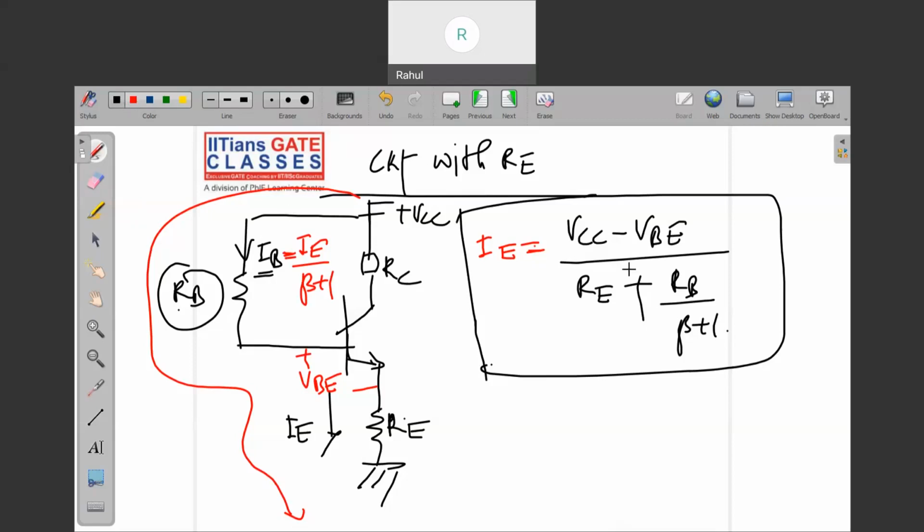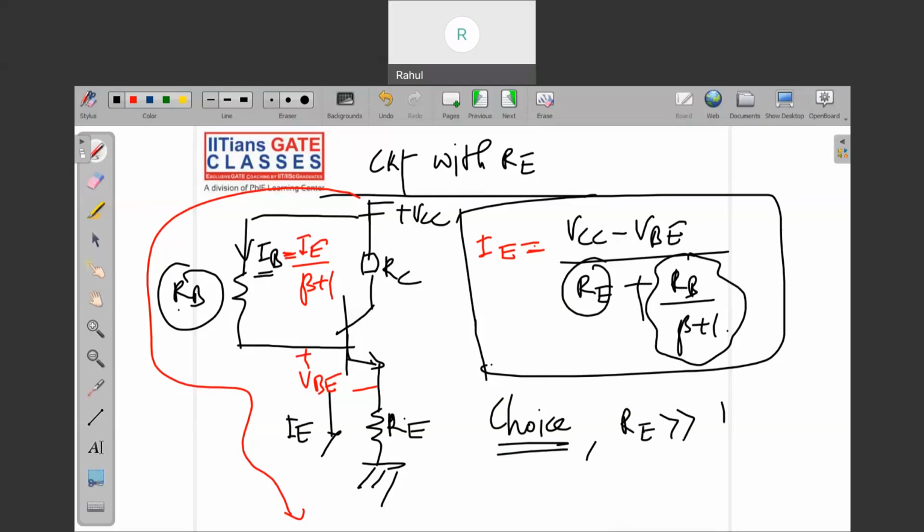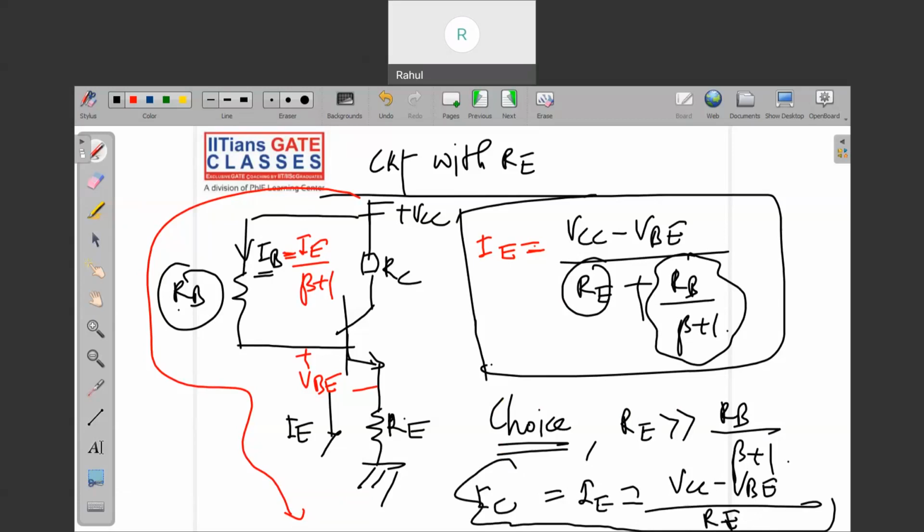If RE is far greater than RB by beta plus 1, then IE equals VCC minus VBE upon RE only. Understand? And which is equal to IC as well, because now it is not depending upon beta, so you can say IC equals IE.